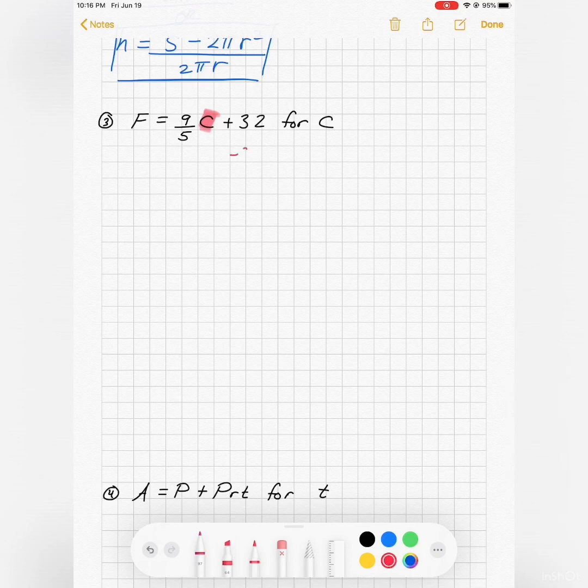So I see this 32. Okay, now I need to get rid of this 9/5.